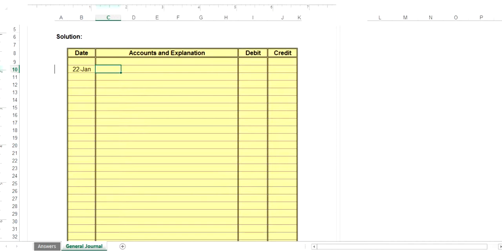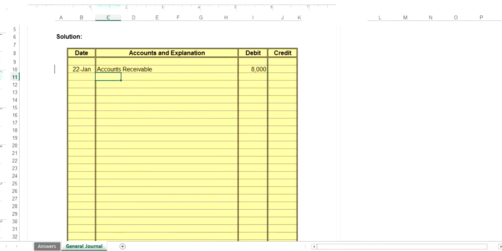So whenever we perform services on account, or if we sell goods on account, that means we're going to have receivables. So when our receivables increase, we need to debit them in the amount of the transaction, which is $8,000.